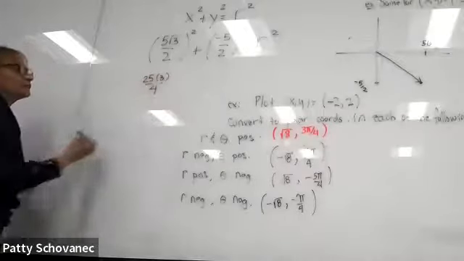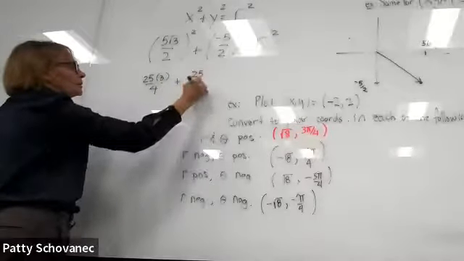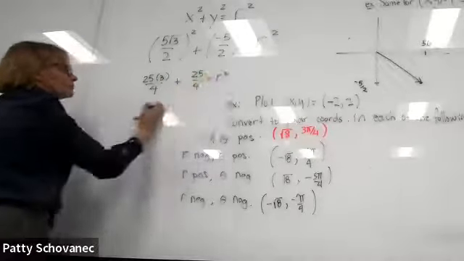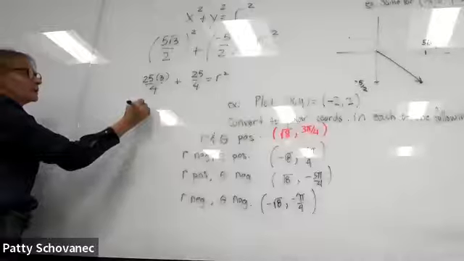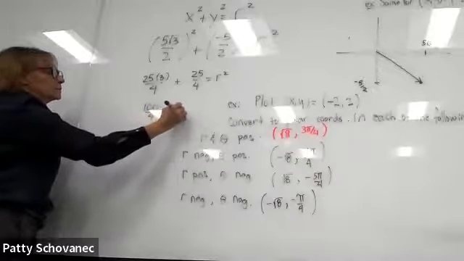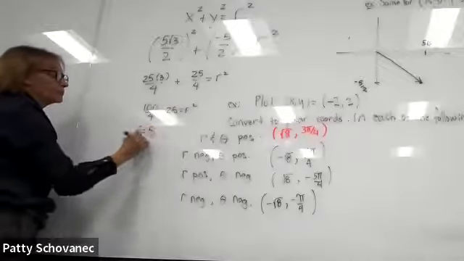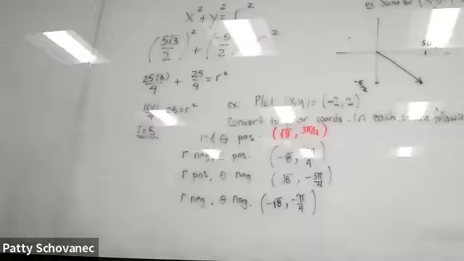That's 75 over 4. Square the other and I get 25 over 4. 75 over 4 plus 25 over 4 is 100 over 4, which is 25. r is positive 5, will be a good starting point for us.